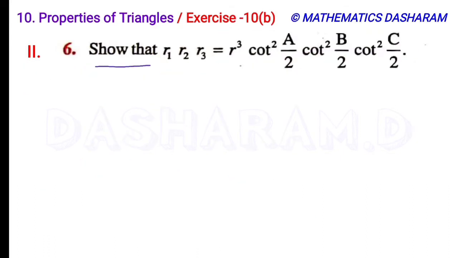Sixth problem: show that R1 into R2 into R3 equals R cube into cot square A by 2 into cot square B by 2 into cot square C by 2. First the LHS, that is R1 into R2 into R3. The R1 formula is delta divided by (s minus a), but don't use this formula.